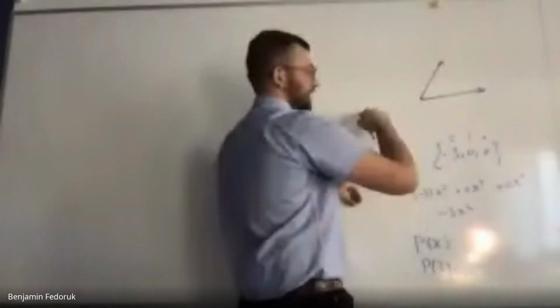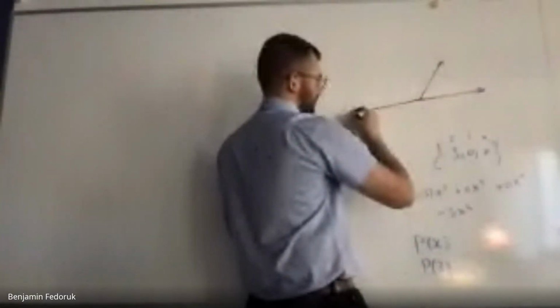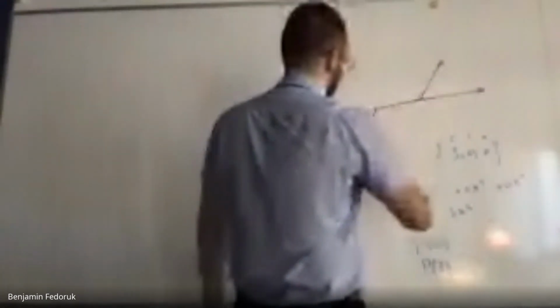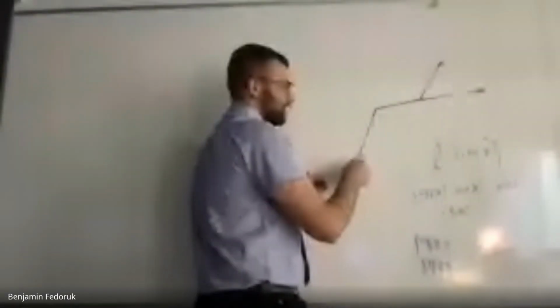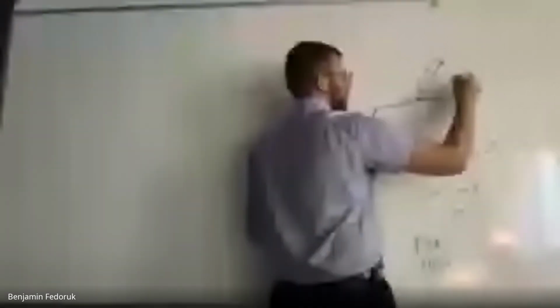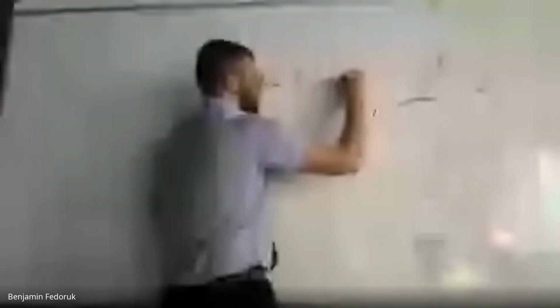So maybe if I wanted to get here, I could use negative something of this, and then maybe, I can't draw this right, but negative something of that vector, right? So I'm using a scalar combination of the 2 to get to any point on the board. So in a sense, using these 2 vectors, if this is V and this is U, then the span of V and U is the whole board, right?